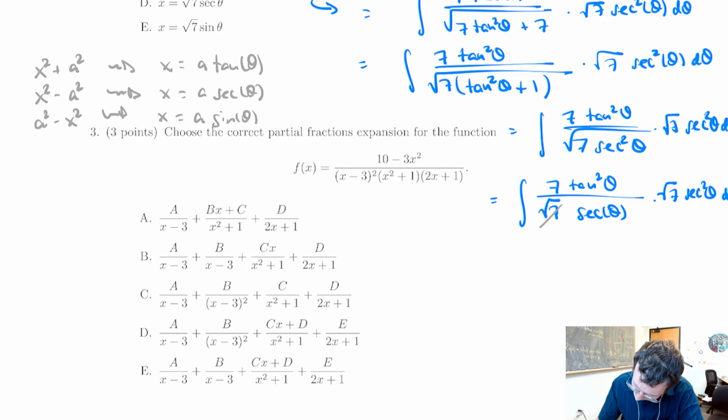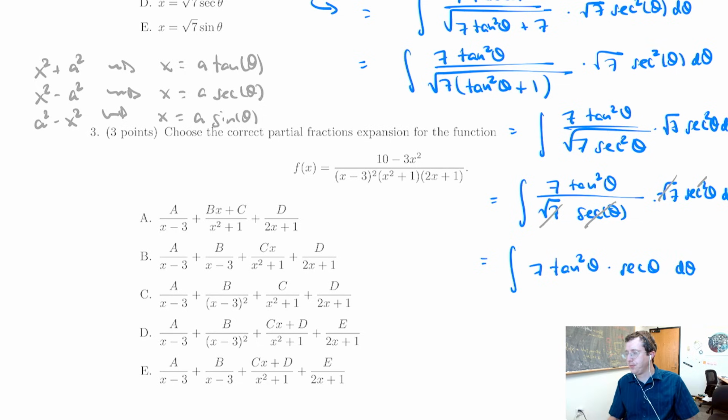The root 7's cancel, that secant theta here cancels with one of these secant thetas, so I should be left with 7 tangent squared theta times secant theta d theta.